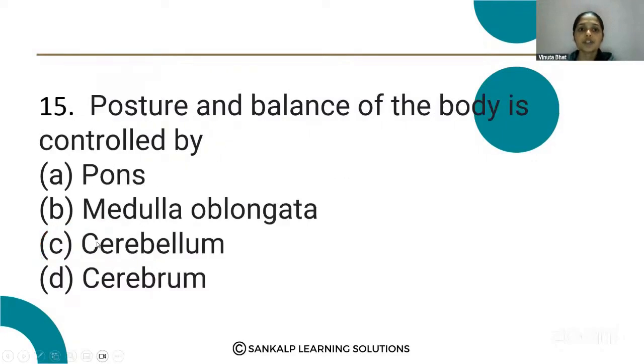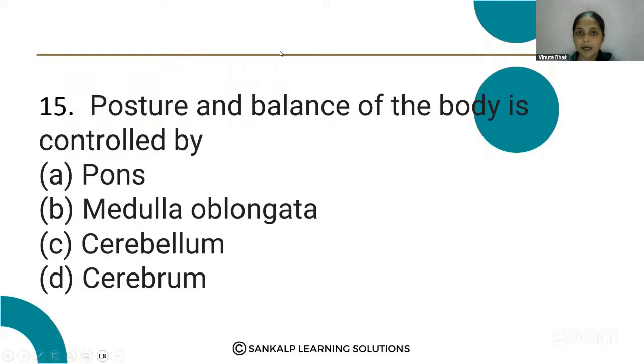Then posture and balance of the body is controlled by option A, pons, option B, medulla oblongata, option C, cerebellum, option D, cerebrum. Yes, that is the cerebellum.